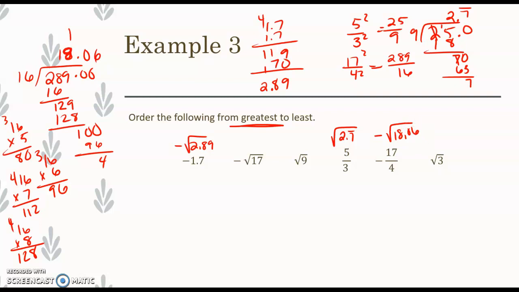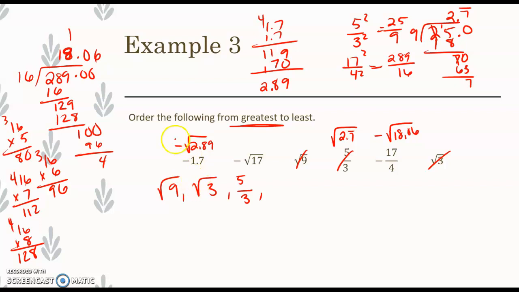All right, so now from here, we're taking our numbers and square roots. We need to start with the biggest numbers. So that's going to be the biggest positive number. So we've got 9, 3, and 2.7 repeating. So 9's our biggest. So square root of 9. From there comes square root of 3. And then my 5/3, which was the square root of 2.7 repeating. And now we want our smallest numbers.